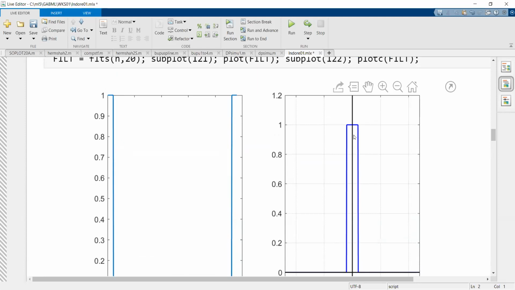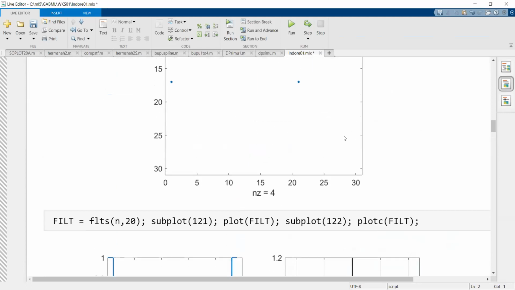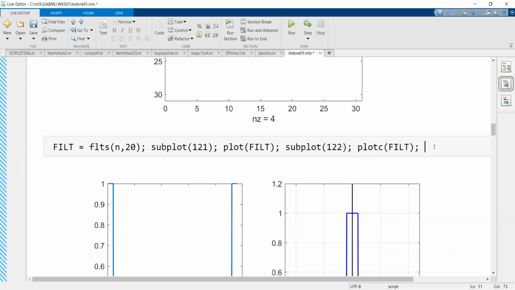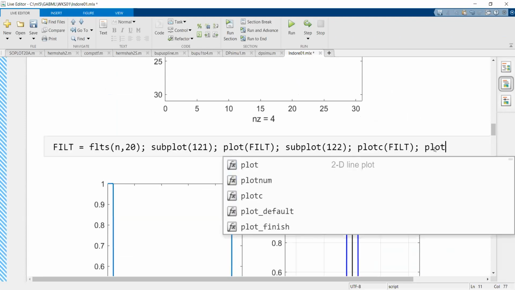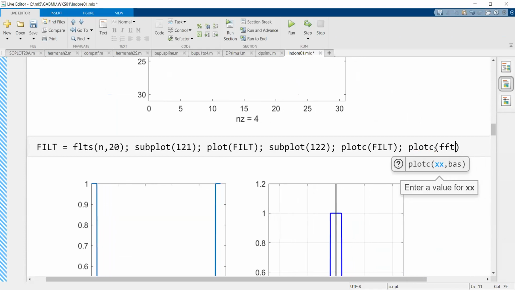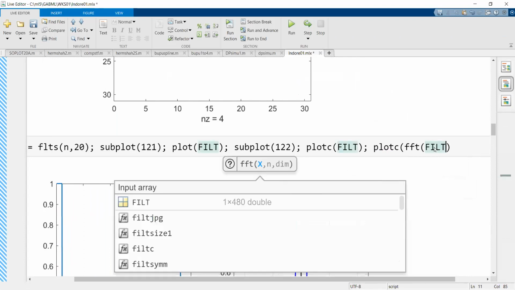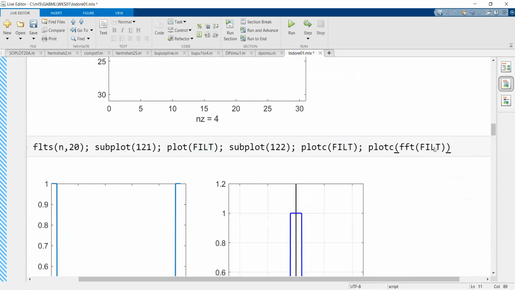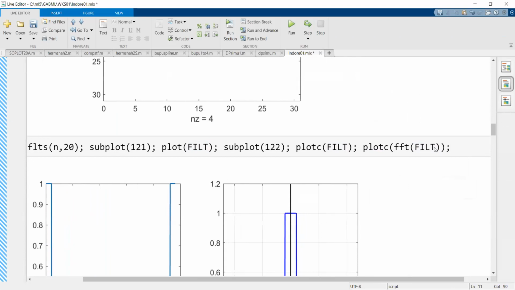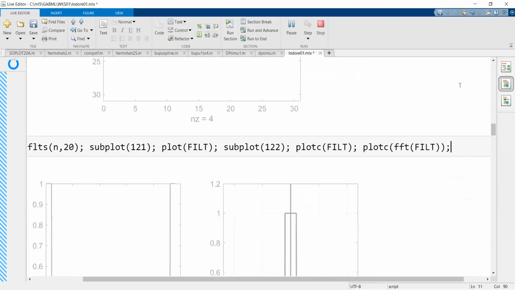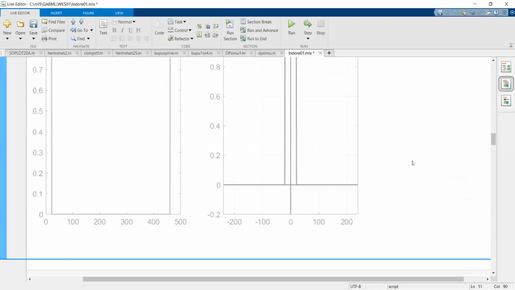And of course, you can take the plot of the FFT of that filter. Maybe I'm adding this. I'm not sure if it will work right away, but plot the FFT of the sinc function, of the filter. And we should be able to see such a discrete sinc function.